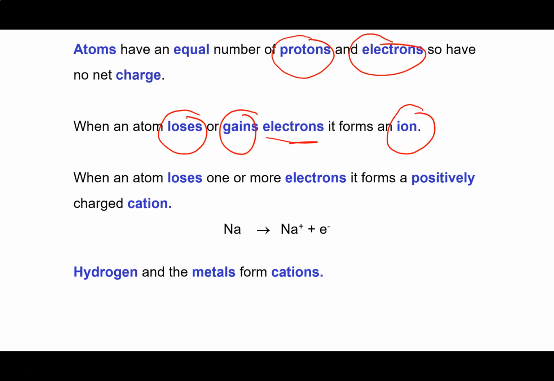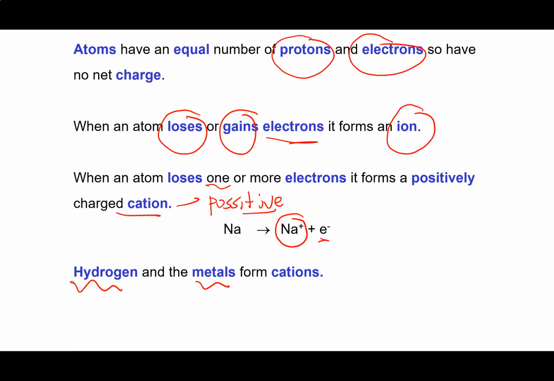If an atom loses one or more electrons, it forms what we call a cation, and you've all heard my bad joke about this. They're called cations because they are positive. A classic would be a sodium atom losing one electron to form a sodium plus cation. The elements that like to lose electrons and form cations are hydrogen and the metals, which is most of the elements in the periodic table.